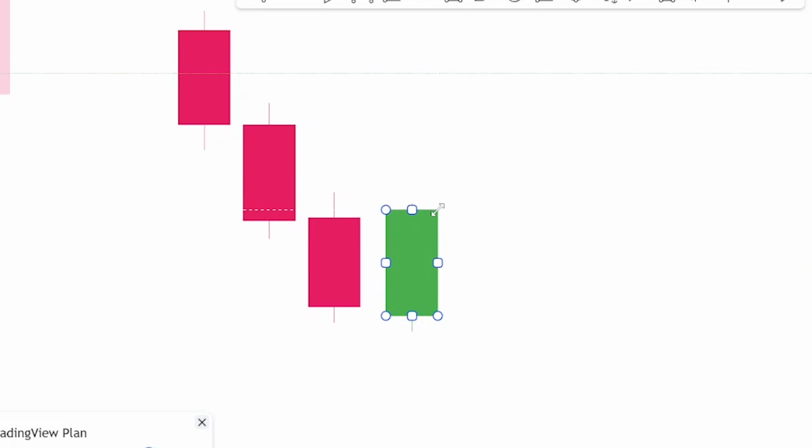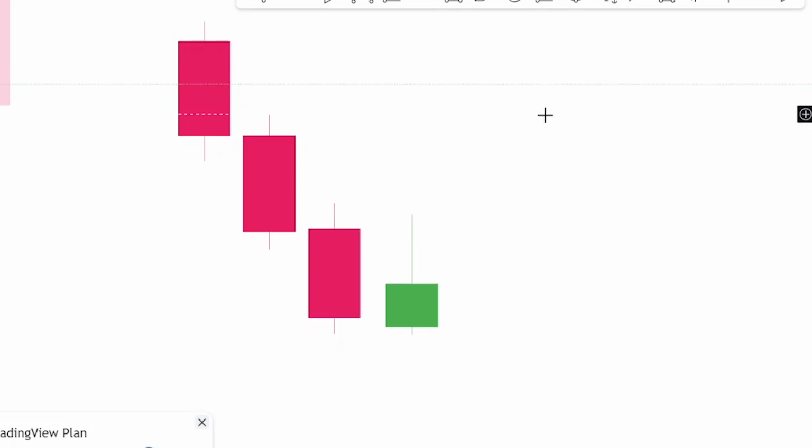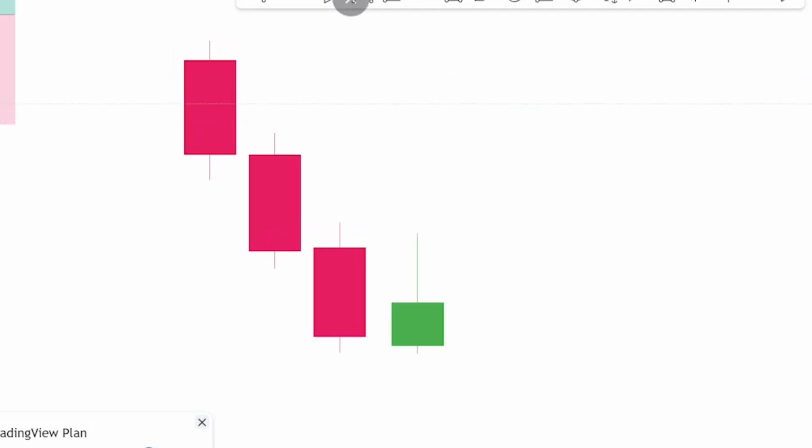So we end up rejecting from the upper side, and we close with a body lying on the bottom of a bullish candle, which gives the name of an inverted hammer. So this is a signal that the market will be reversing to the upside, or the market will be continuing in the upside direction. The buyers will be controlling the market.